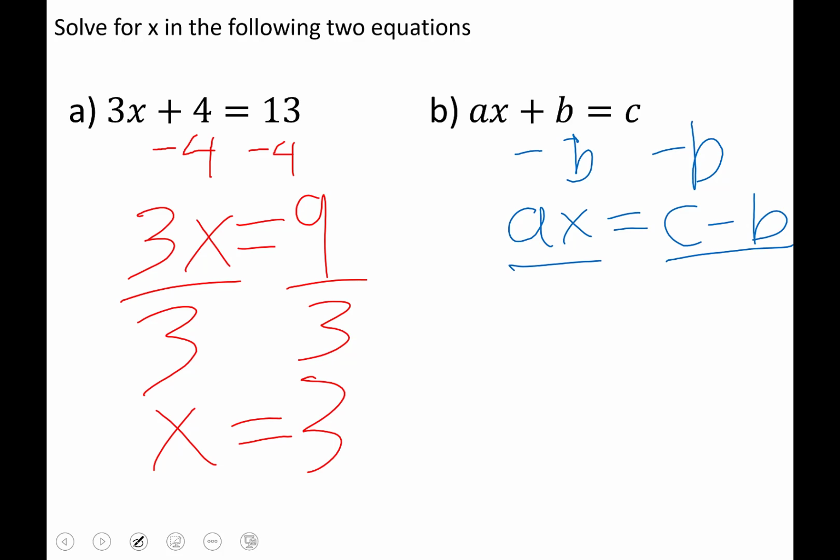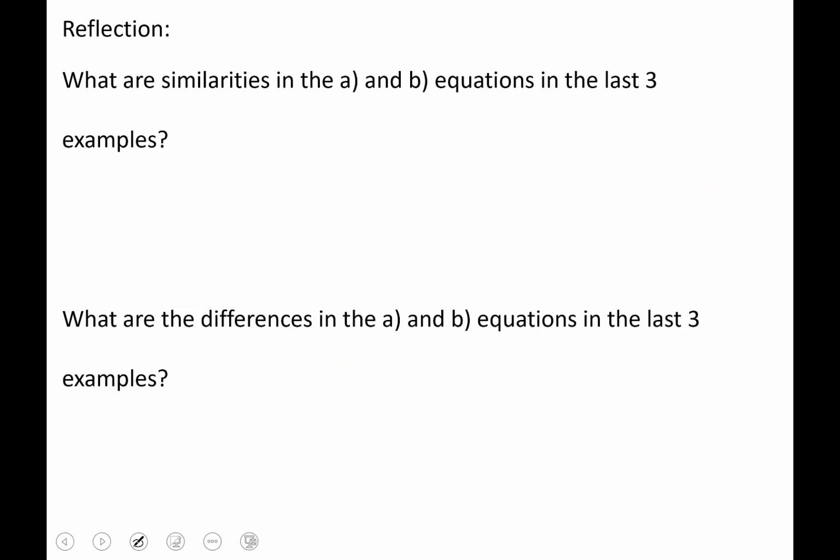Next, I'm going to divide both sides by a, because a is multiplying the x. So I get x is equal to c minus b divided by a. And there's my answer.